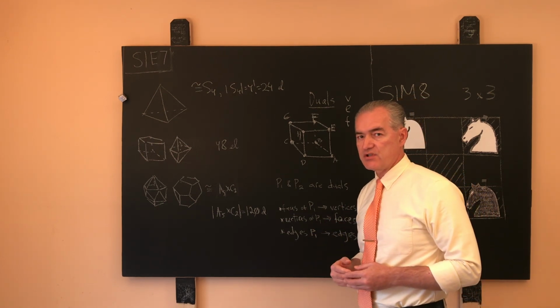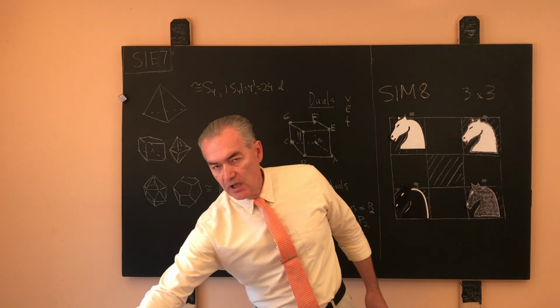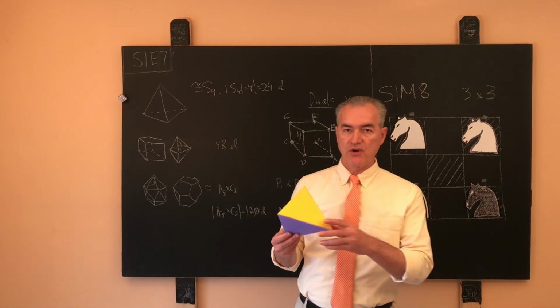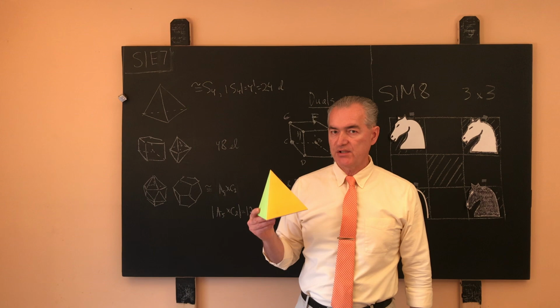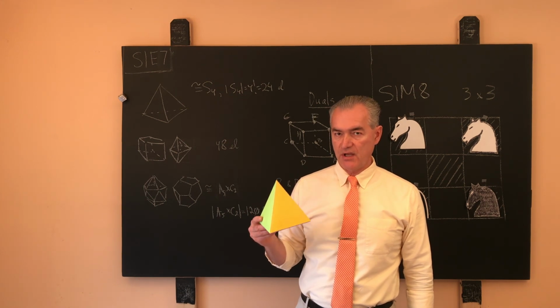According to that definition, for example, the dual image of a regular tetrahedron is another regular tetrahedron.